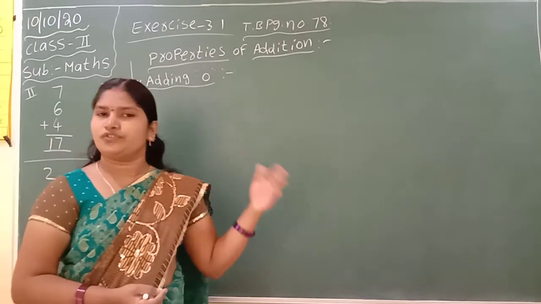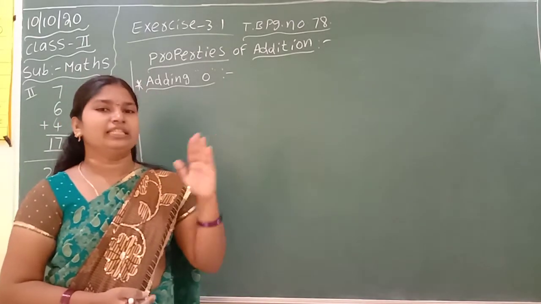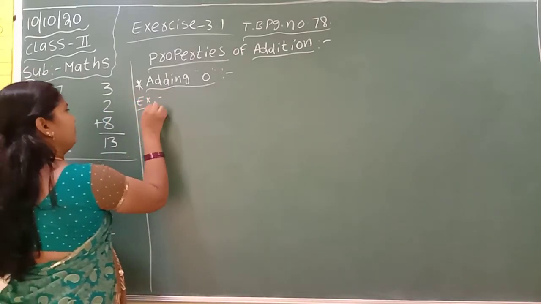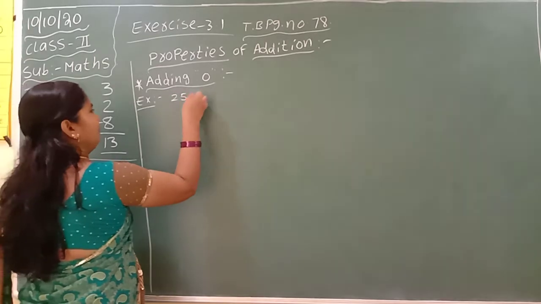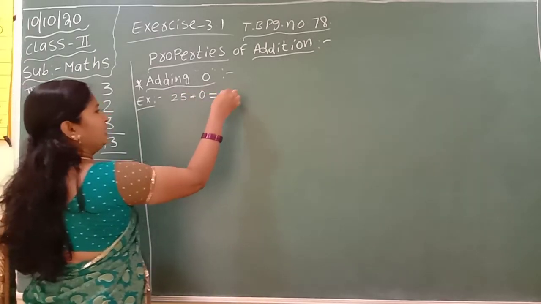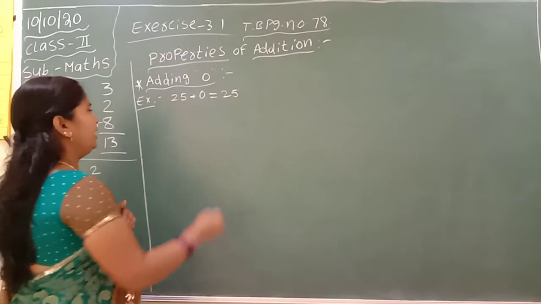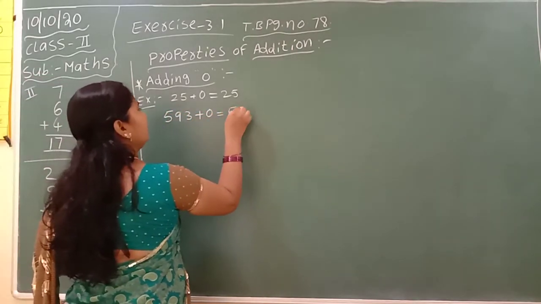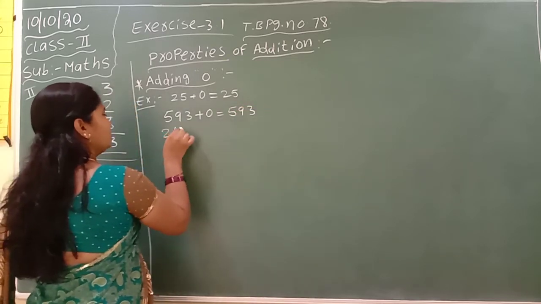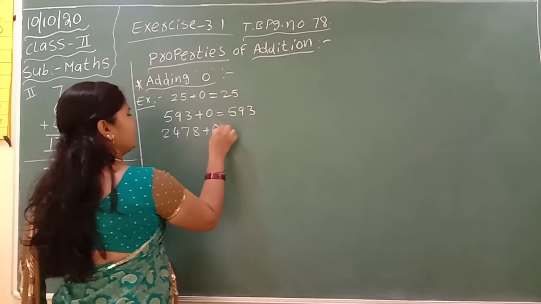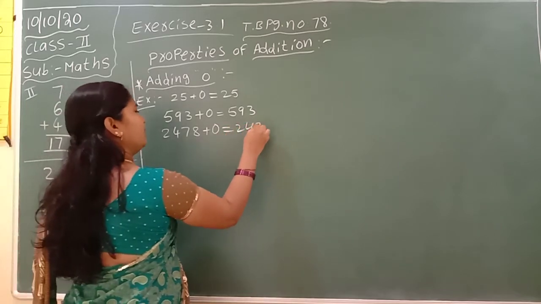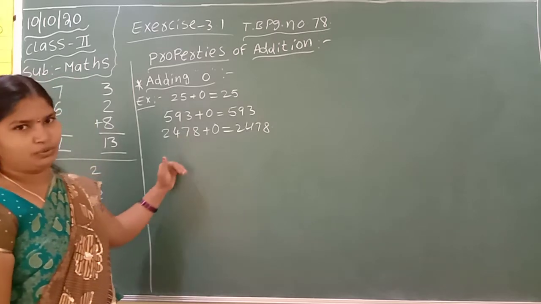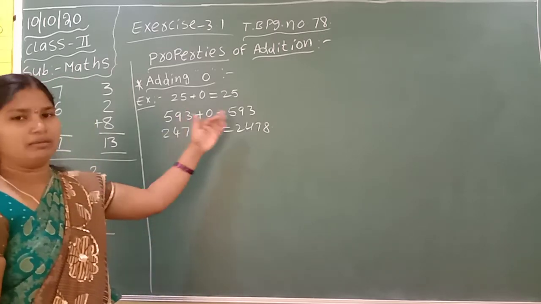For example, 25 plus 0 is equal to 25 only. 593 plus 0 is equal to 593. 2478 plus 0 is equal to 2478 only. Like this, if we add 0 to any number, we will get the number itself.